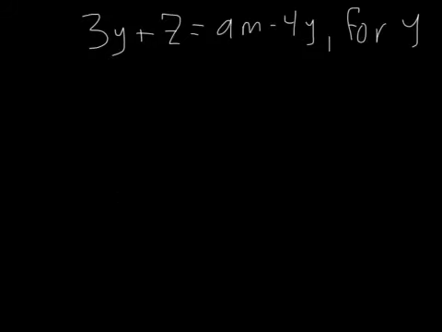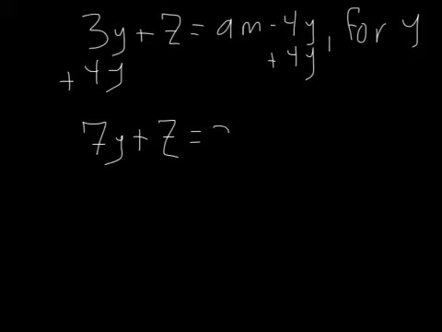Alright, let's do one more example. Let's say we had 3y plus z equals a times m minus 4 times y, and they want us to solve for y. Again, here I notice I've got y on each side of the equation, so I need to put those together. I'm going to go ahead and add this 4y over to the left. That's going to give me 3y plus 4y is 7y, and I still have my plus z equals a times m.